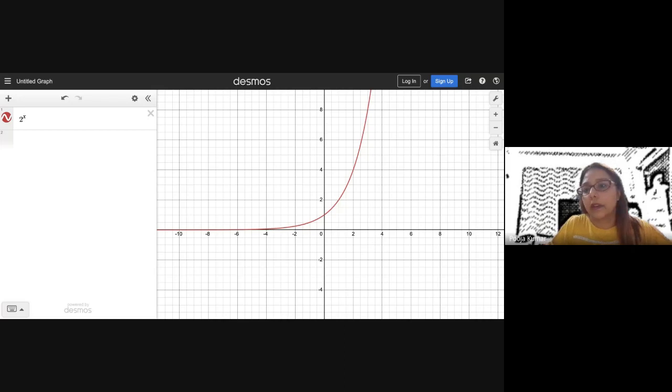This graph would remain throughout this chapter. Like we had the same graph for the entire quadratic equation, only transformed depending on whatever has been added or subtracted. Now have a look. You will always get a graph like this.